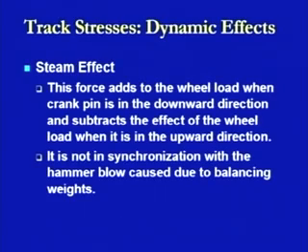This force adds to the wheel load when the crank pin is in the downward direction, and subtracts from the wheel load when it is in the upward direction, and it is not in synchronization with the hammer blow caused due to the balancing weights.